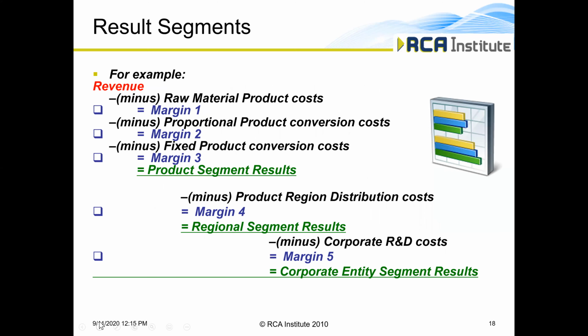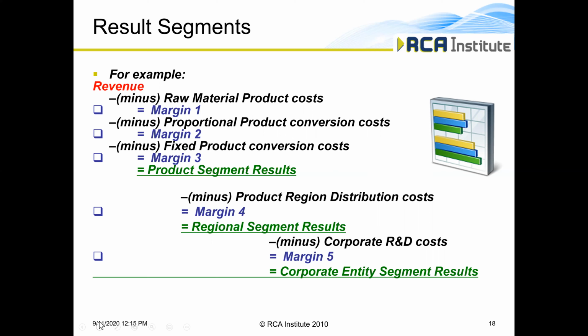An example of this is right here. So you see in the first part, of course, there's the revenue. Then we have raw material for products, proportional conversion costs, and fixed conversion costs. That results in a product results segment.